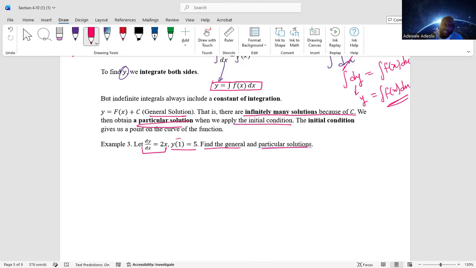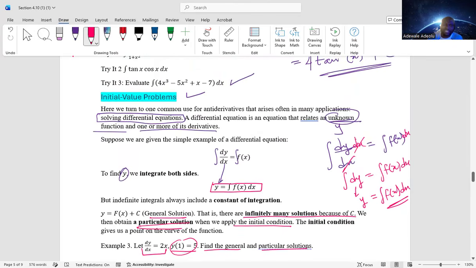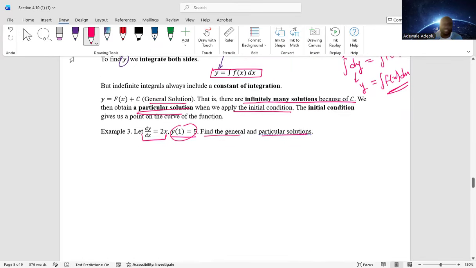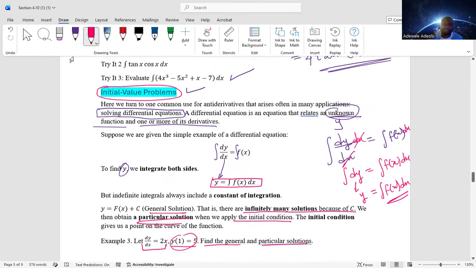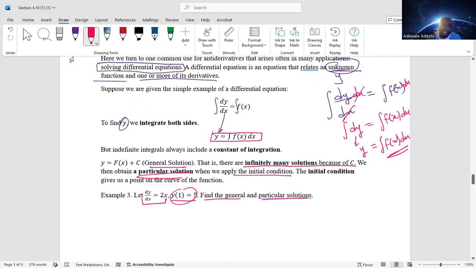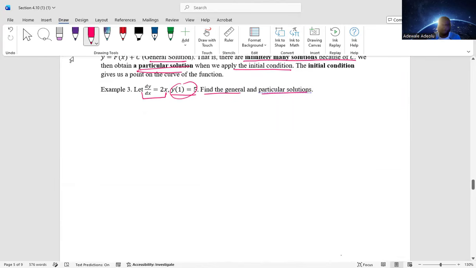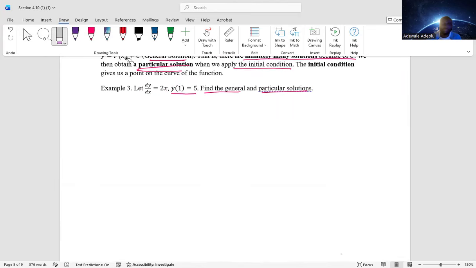So when we have an initial condition with it, we say we have an initial value problem, which is also referred to as IVP. People call it IVP, it is very popular. Now, let us try to solve this problem.